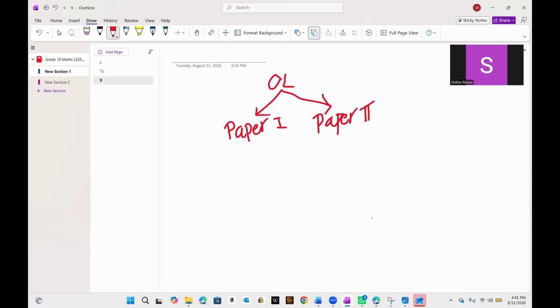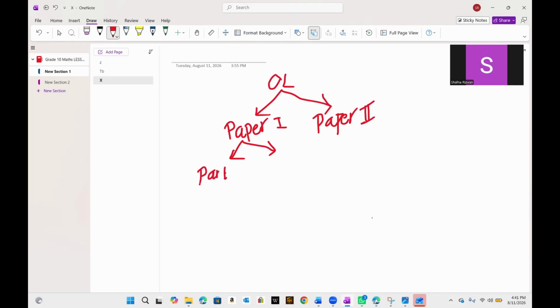And if you take paper 1, it is divided into two more parts. What are the parts?